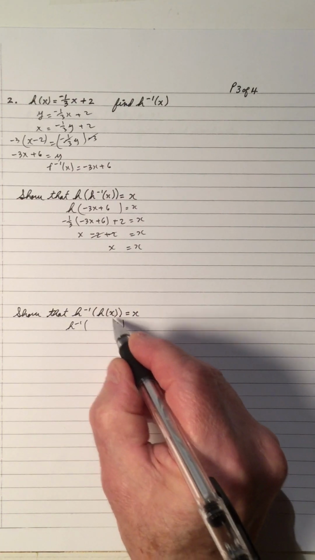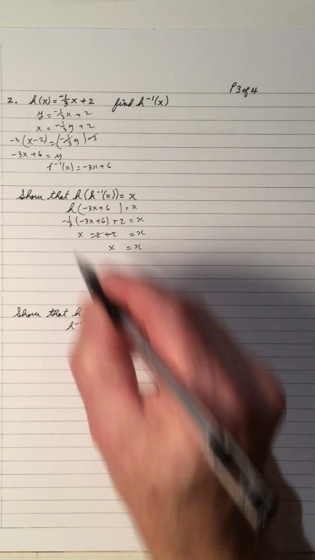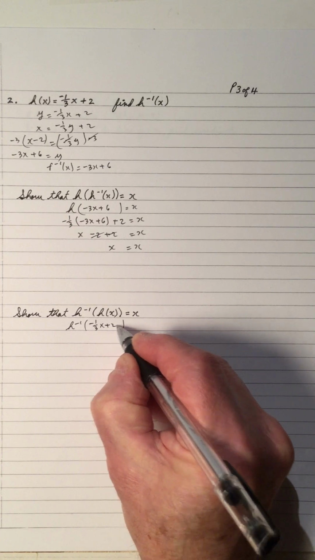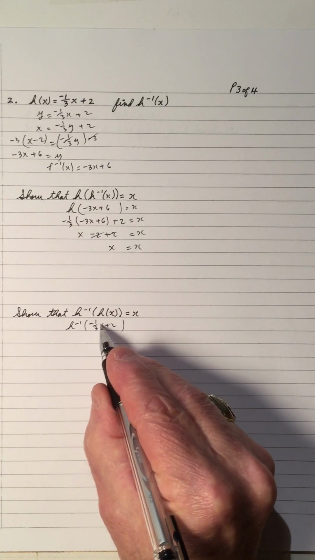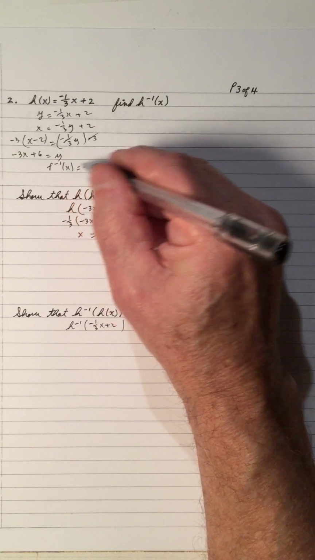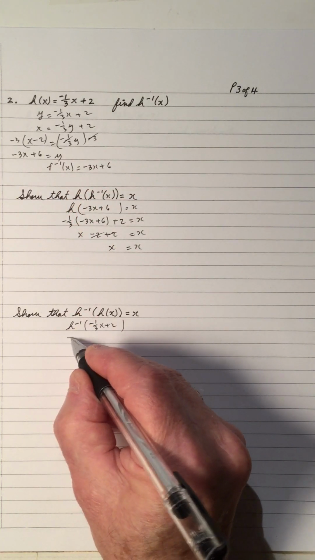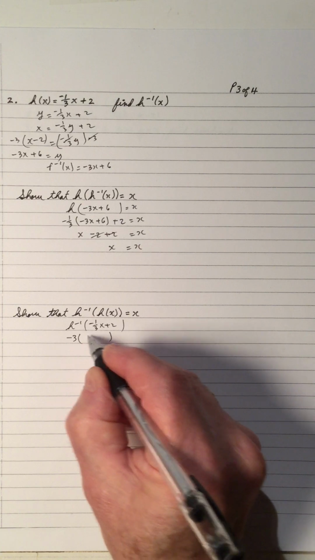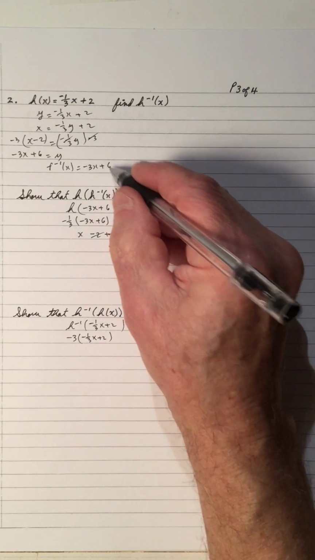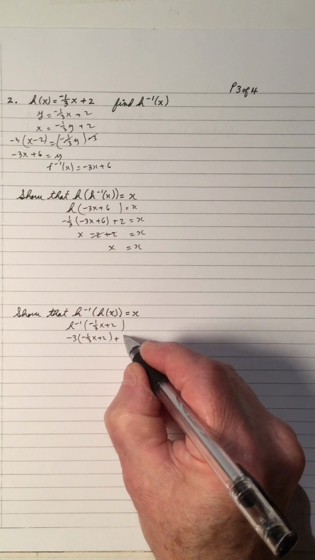So now I'm going to put the h of x in. The h of x is negative 1/3 x plus 2. So now I'm going to sub this into right here, because this is the f to the negative 1. So that's negative 3 times negative 1/3 x plus 2, and we have a plus 6.